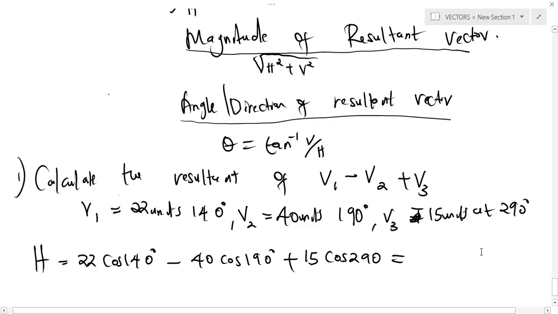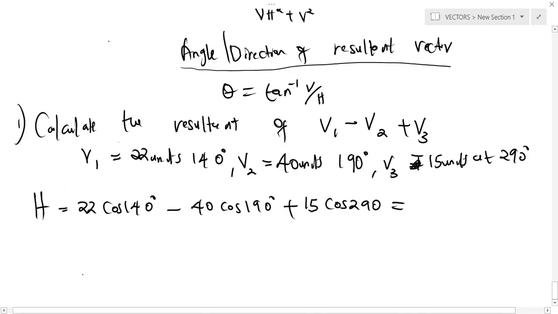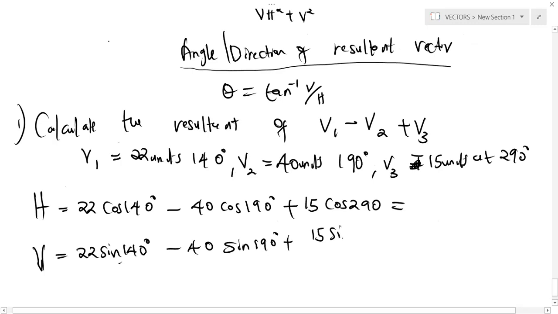That's how you get the horizontal component. And then the vertical component, v, is given by 22 sine of 140 degrees minus 40 sine of 190 degrees plus 15 sine of 290 degrees.